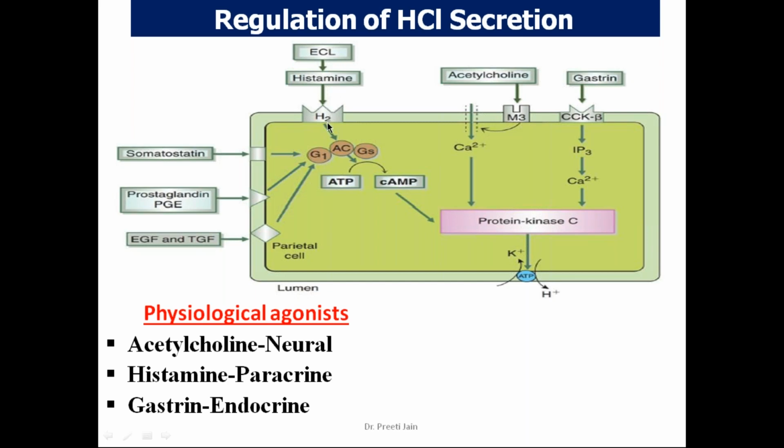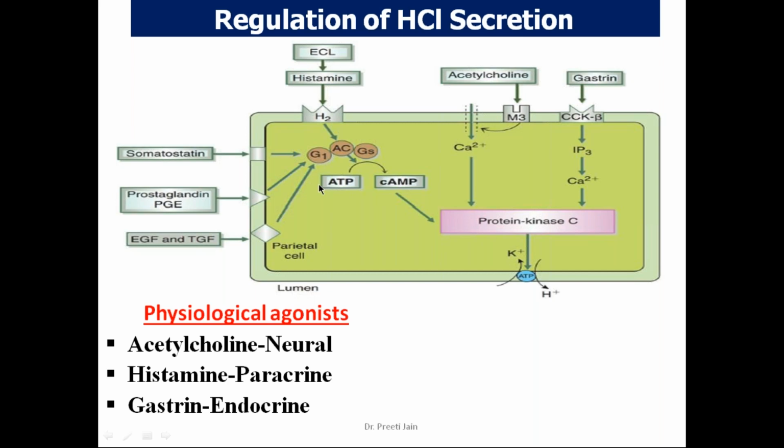It acts through the H2 receptor, and the molecular mechanism is activation of the adenyl cyclase enzyme, which causes an increase in cyclic AMP, and this in turn again causes activation of protein kinase C, which causes insertion of the hydrogen potassium ATPase pump.